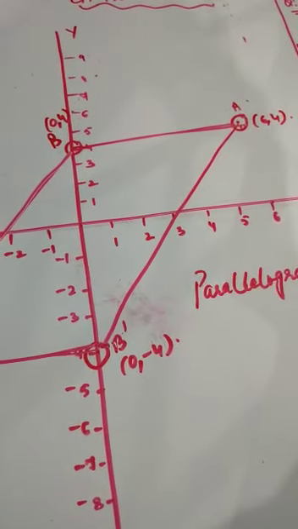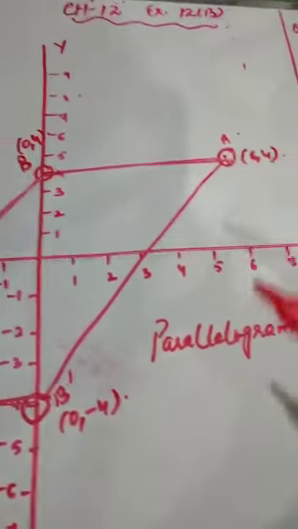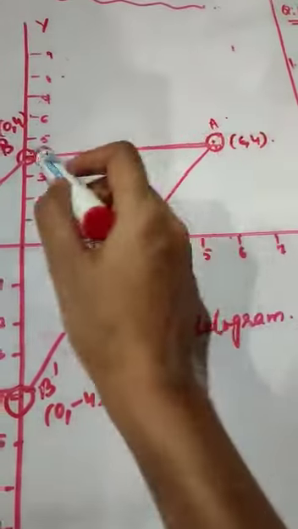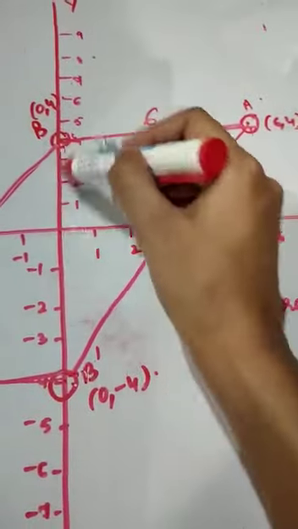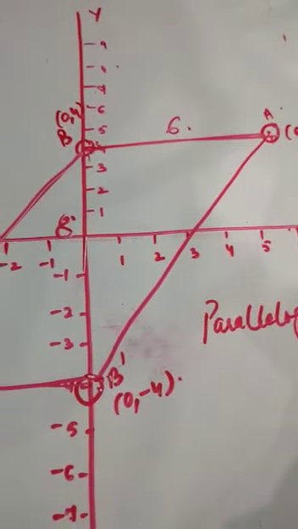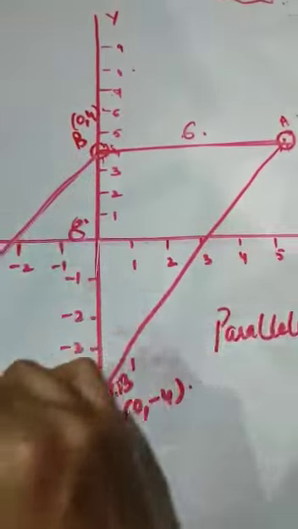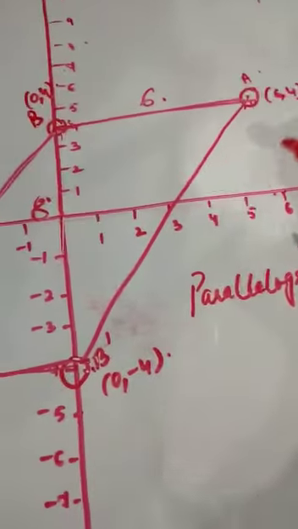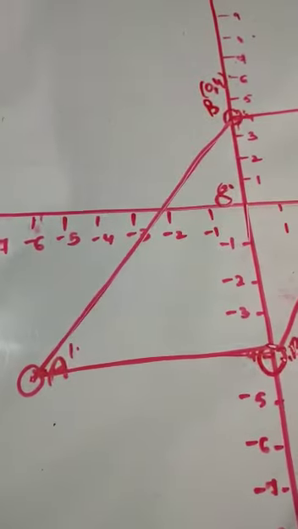To find the perimeter, first of all we need the measurement of all these sides. This is 6 units. This total is 4 and 4, 8 units. But we don't know AB dash and BA dash.